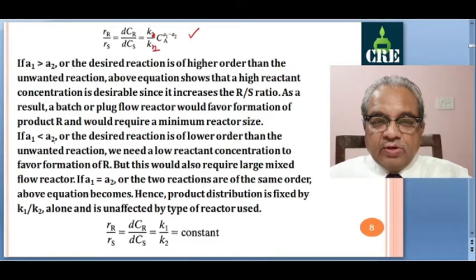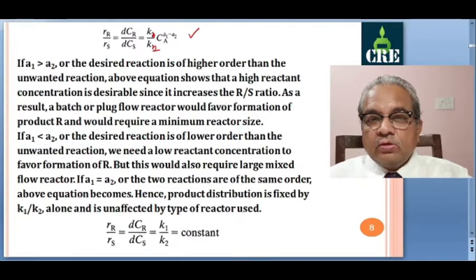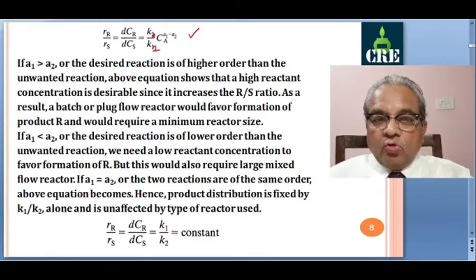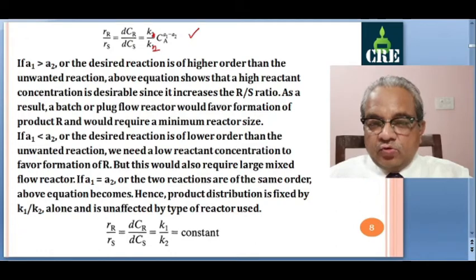On the other hand, if a1 is less than a2, then this overall order becomes negative. The desired reaction is of lower order than the unwanted reaction. So this exponent will be negative, meaning Ca goes in the denominator.